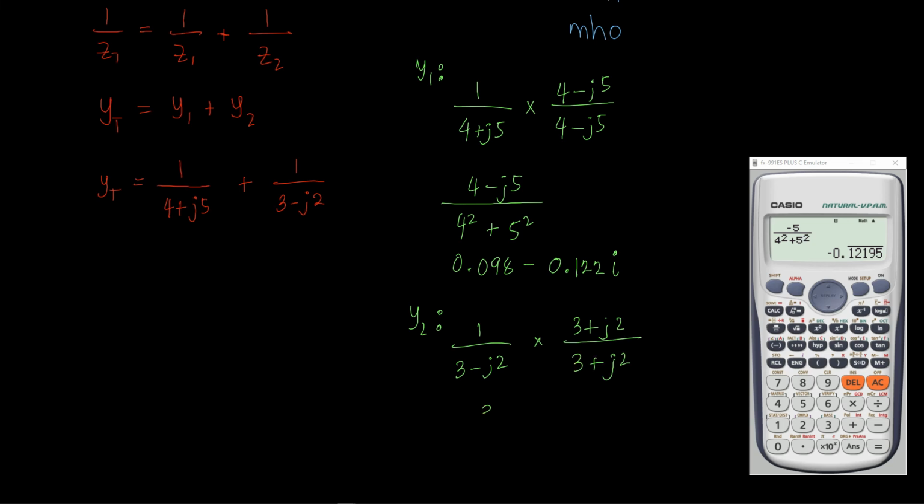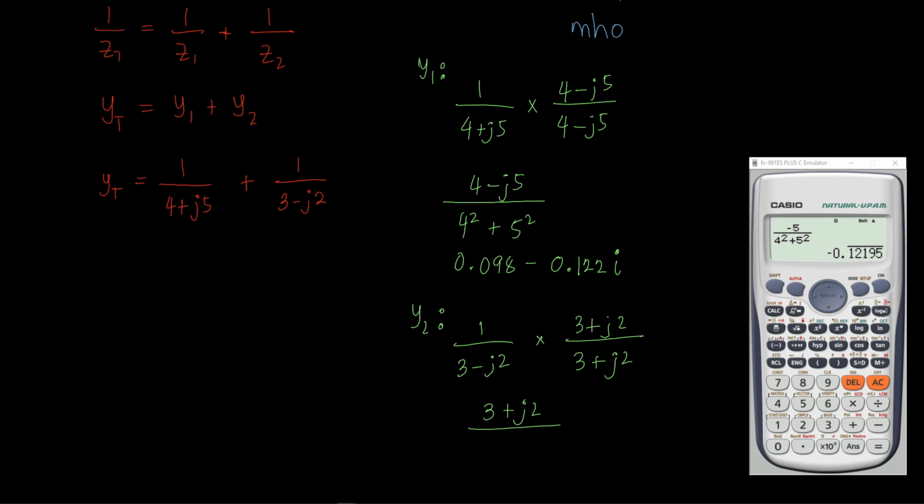So, times 1, 3 plus J2 lang gihapon over 3 squared plus 2 squared. So, makuha nata 3 over 3 squared plus 2 squared, we have 0.231, plus, ang ibabaw kay 2, 0.154 J.